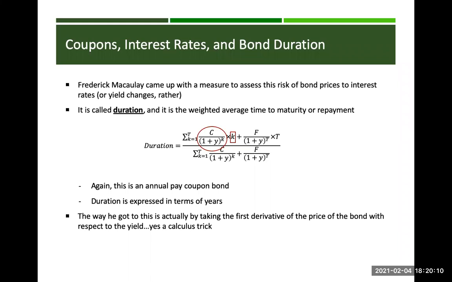How long do I have to wait? How long will it be before I get that payment? And the weight is the discounted cash flow itself. In the denominator is just the sum of the weights. The sum of those weights is simply the price.